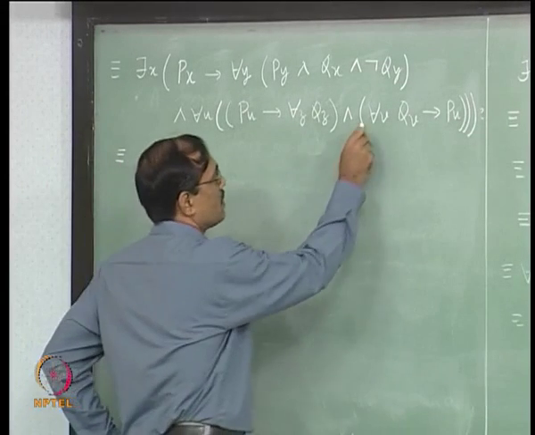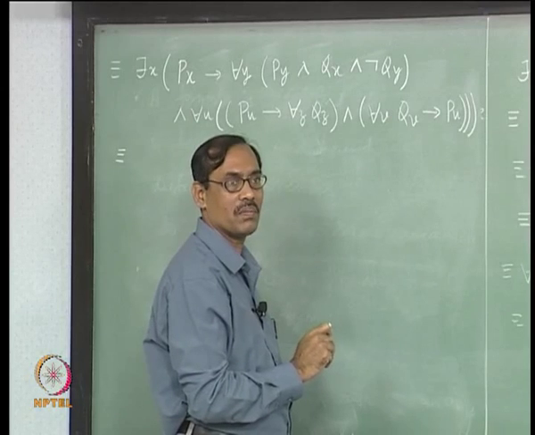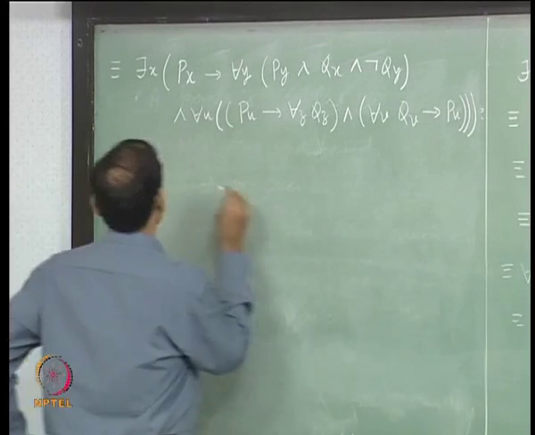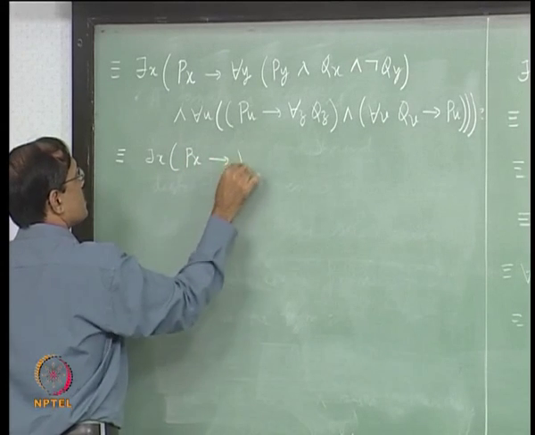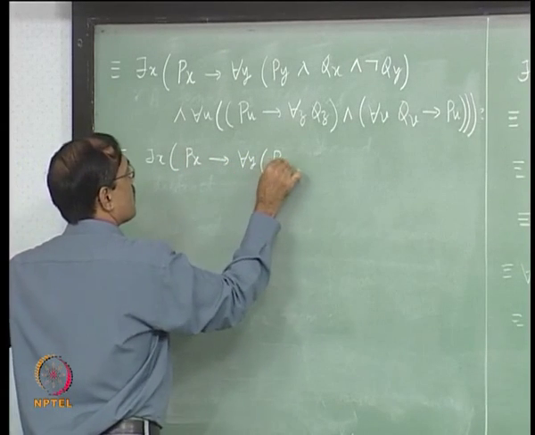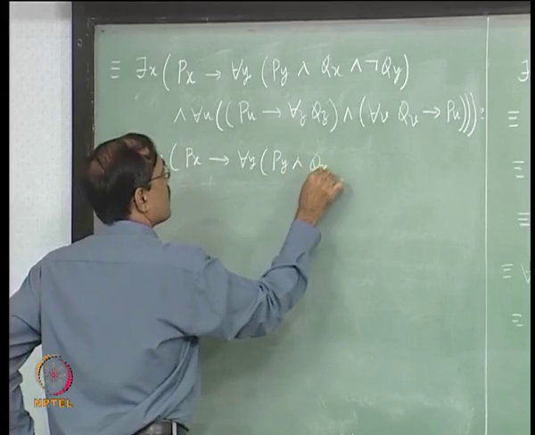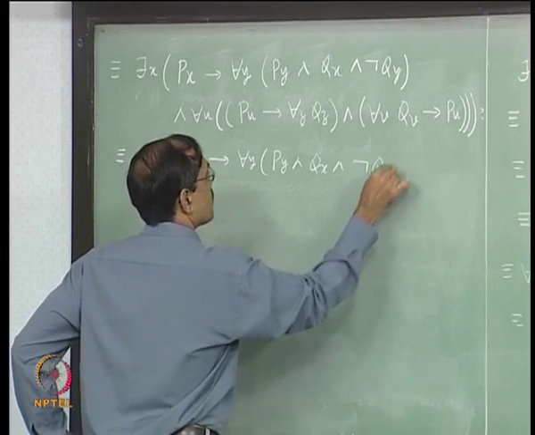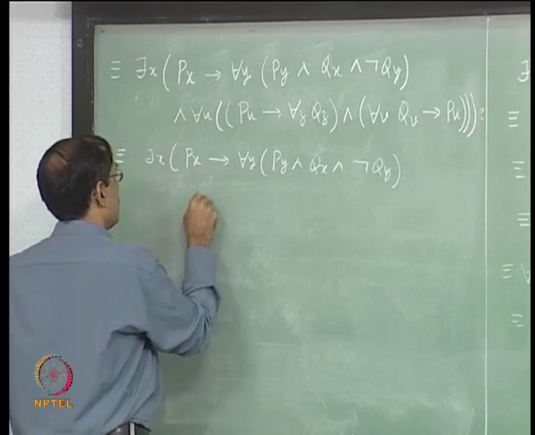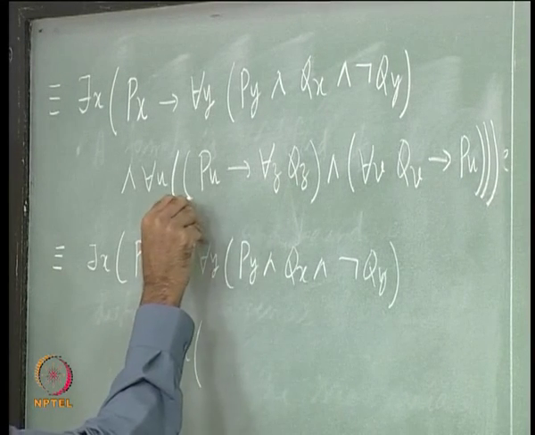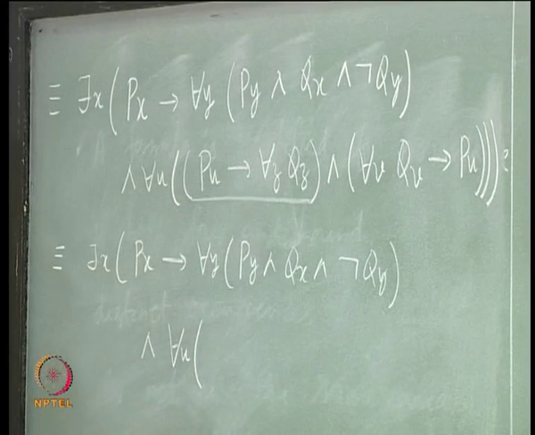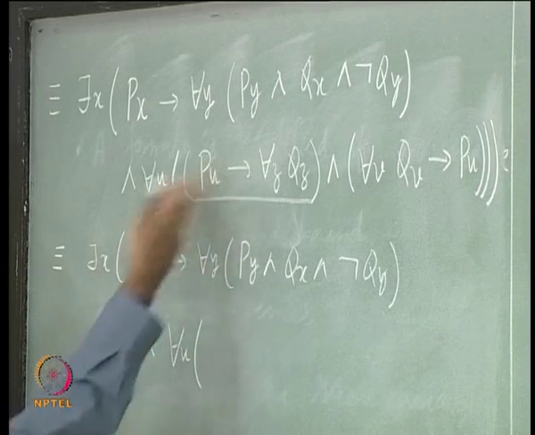So, start from this, let us start from this one, we are doing it manually. We will write there exists x, p x implies for each y, p y and q x and not q y, and for all u. Okay. What about this? For all z comes out.